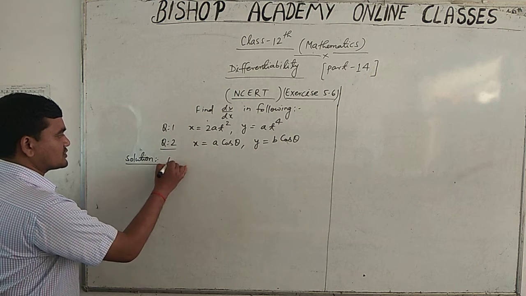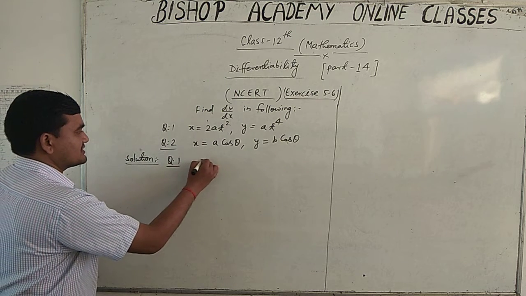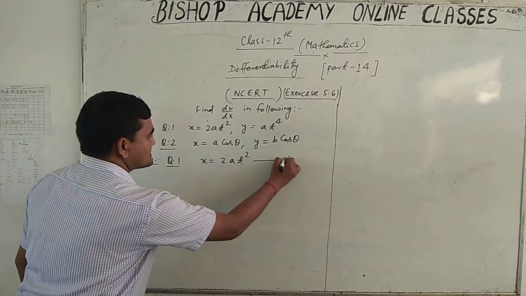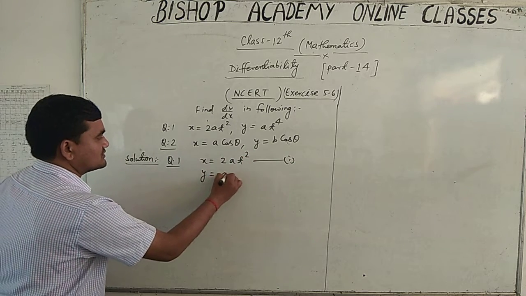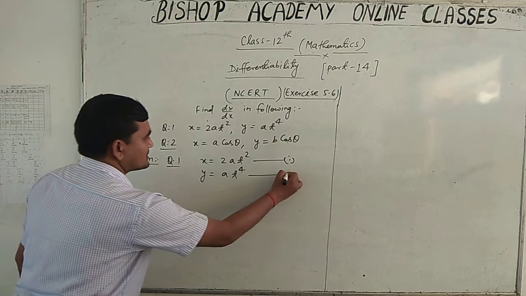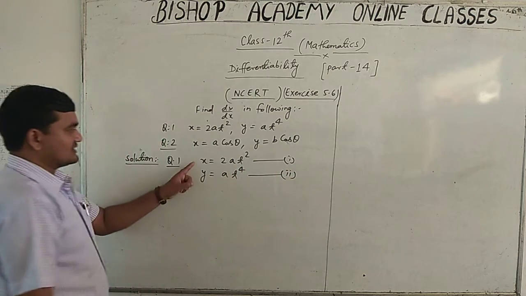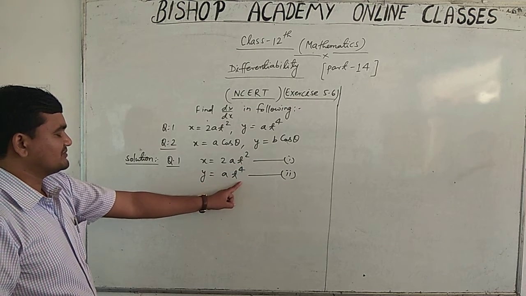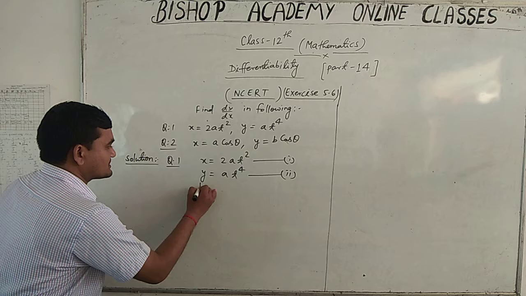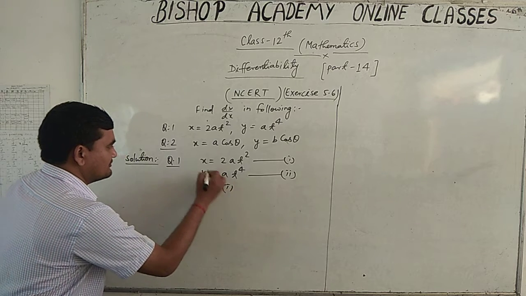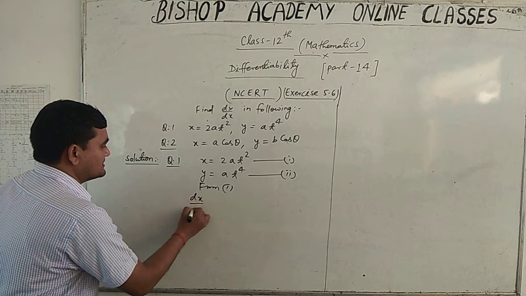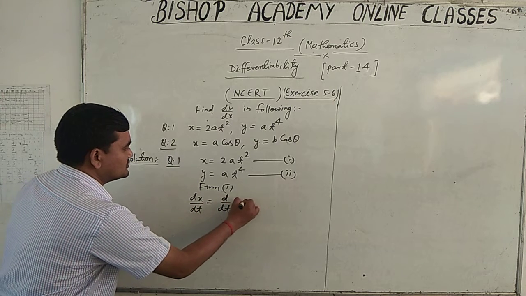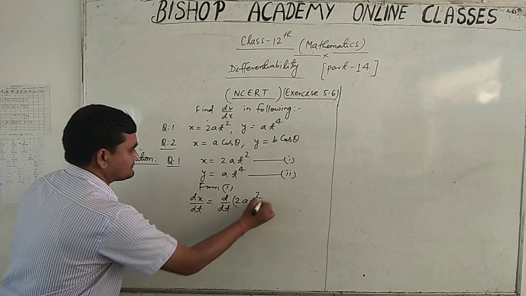Now question number 1, it is given x equal to 2at square, this is first, and y is equal to at raised to the power 4, this is second. x is expressed in terms of t and also y is expressed in terms of t. Therefore, from first we find dx upon dt is equal to d by dt of 2at square.